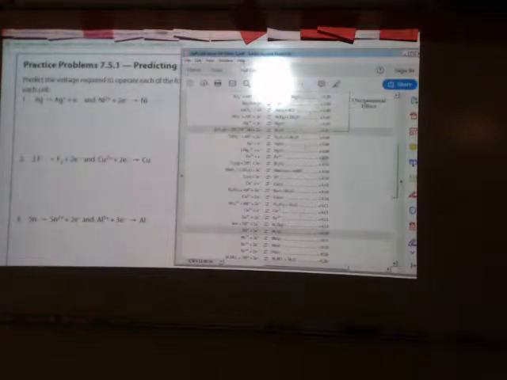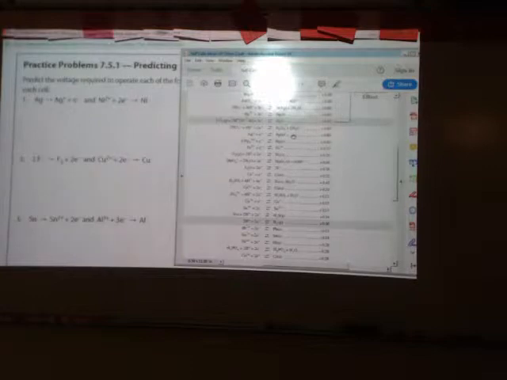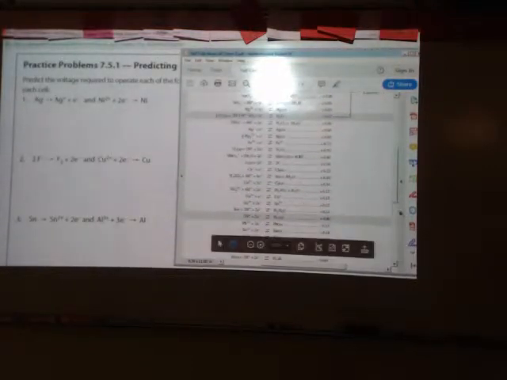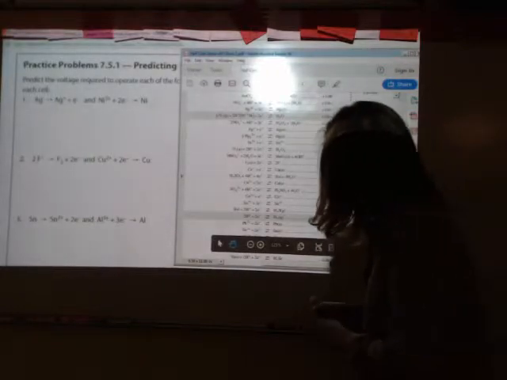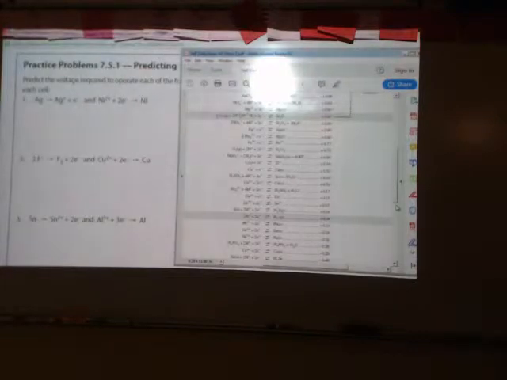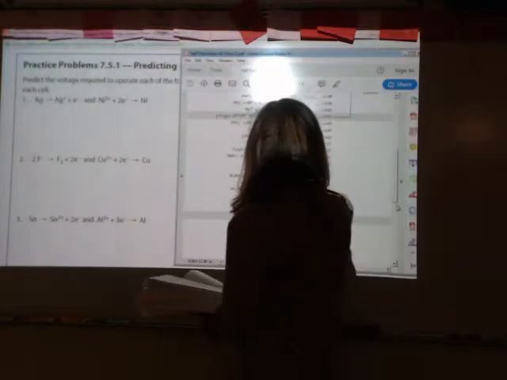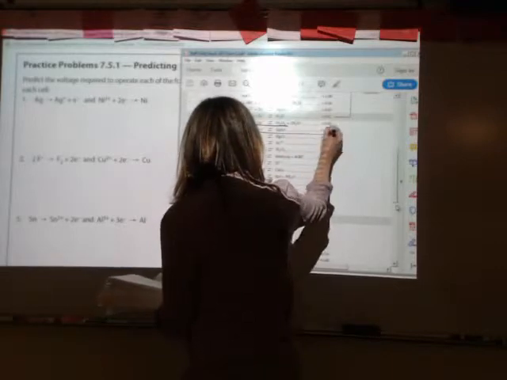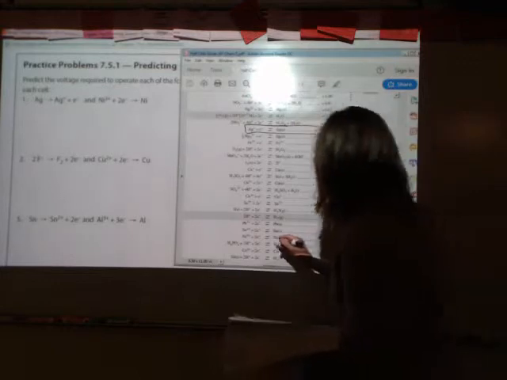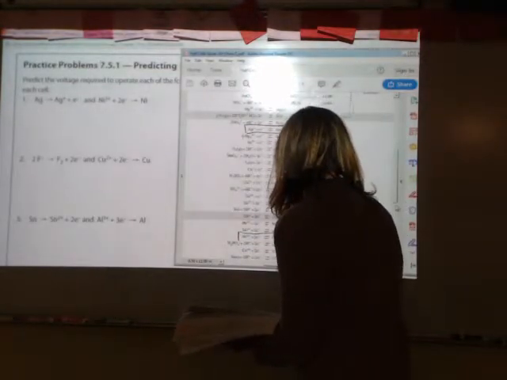So we're looking for silver, which is right here in the SRP table. And then we're looking for nickel, which is underneath it. So nickel's down here. So here's my silver here. And then my nickel is down here.